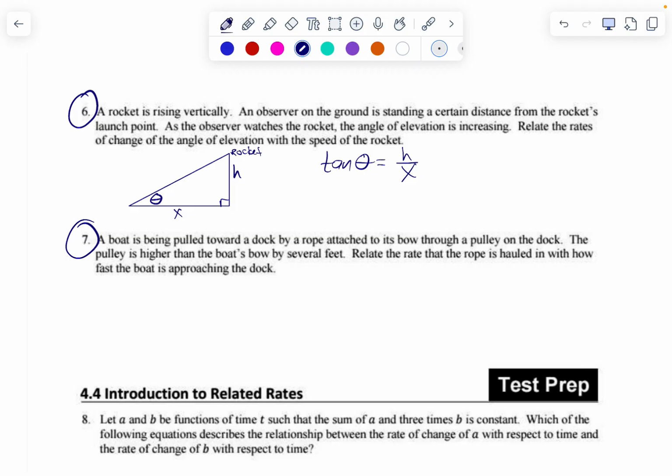So we need rates of change in here. Right now it's just a length and angle relationship. We need rates of change. How do we do that? Okay, so this is secant squared theta. Then what?